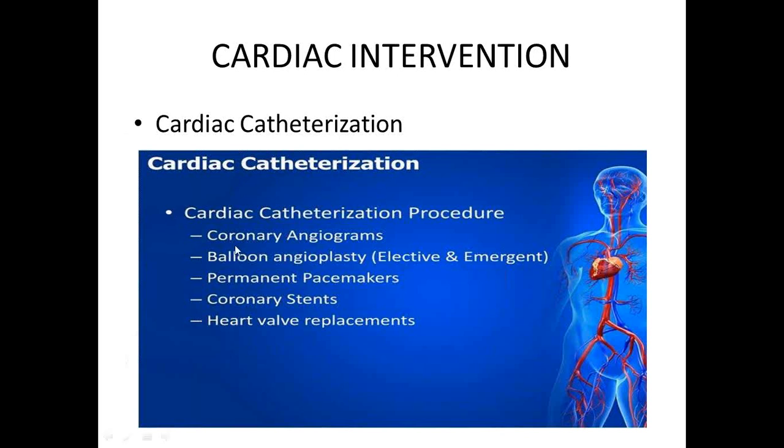So again, when we talk about cardiac catheterization, we talk about angiogram, and this is the left side now. So we're talking about left heart catheterization. So we talk about angiogram, that is looking at the blood vessels around the heart. Okay, that's called angiogram. So when you look at blood vessels using a dye technique or an imaging technique, we call that an angiogram.